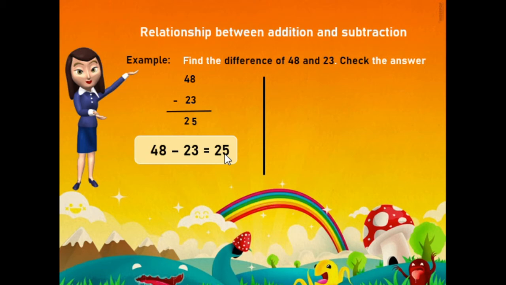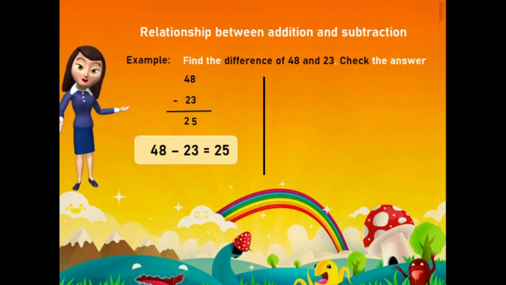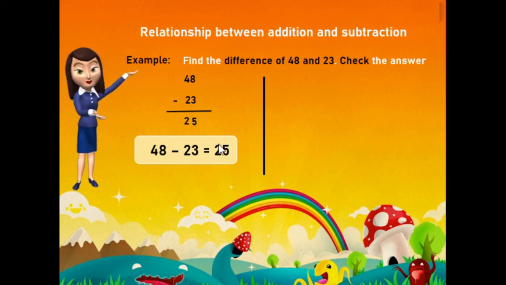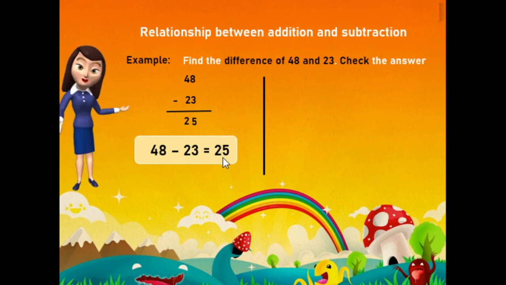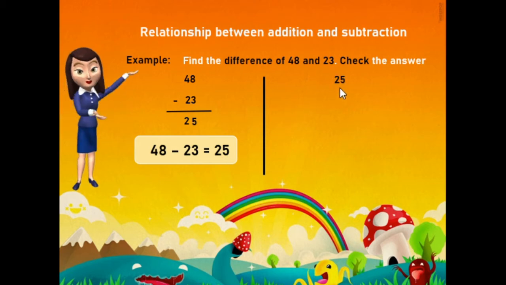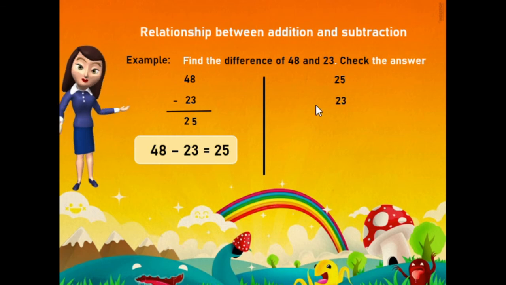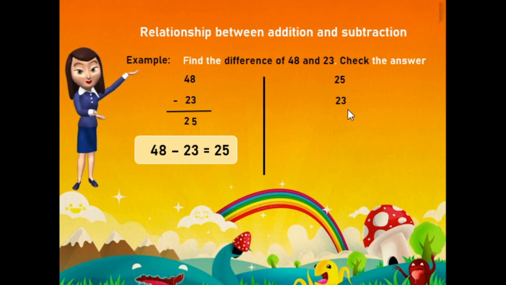Now let's see if our answer is correct. Let's check by addition. Our difference here is 25, so we write 25. 23 is the subtrahend, it's the same.